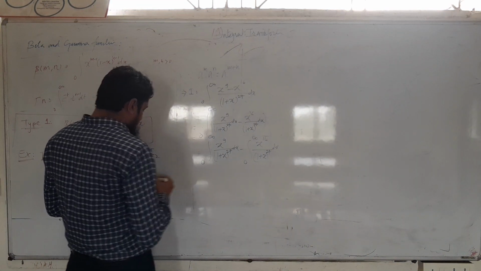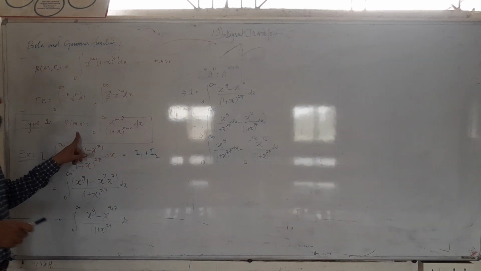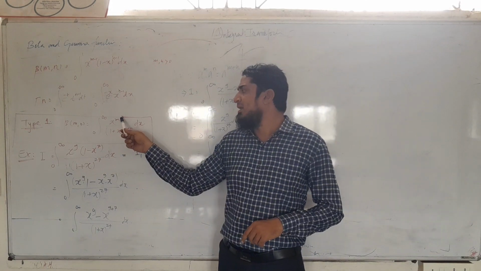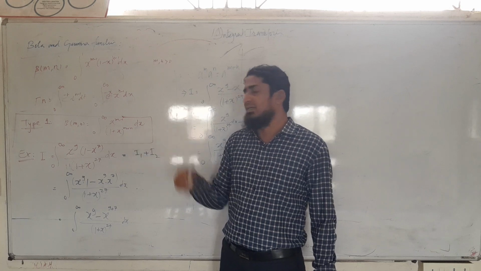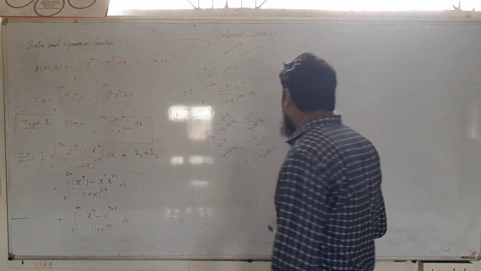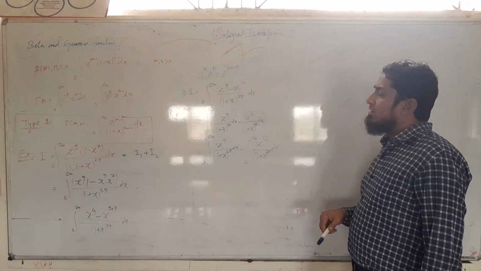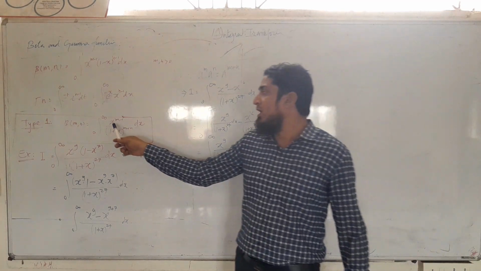Now, since we are studying type 1, which is beta of m, n is equal to integration from 0 to infinity x raised to m minus 1 upon 1 plus x raised to m plus n dx. Correct? So we try to put this numerator x raised to 9 in the form of x raised to m minus 1.